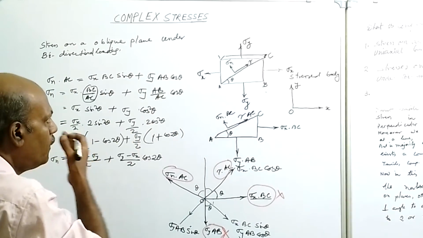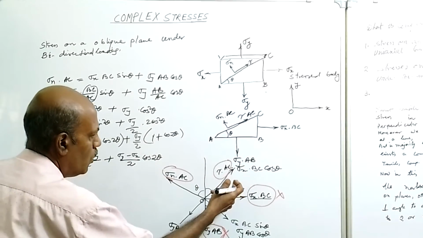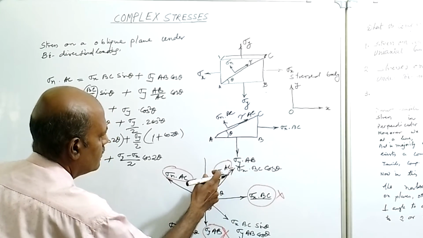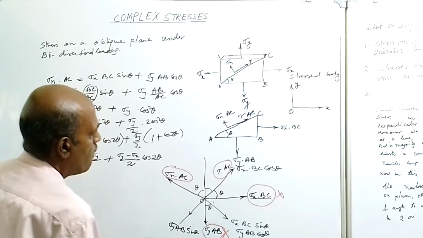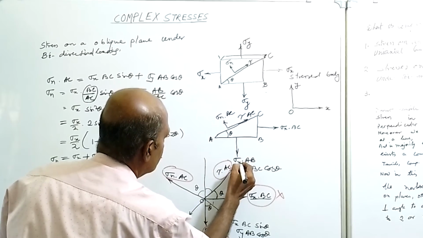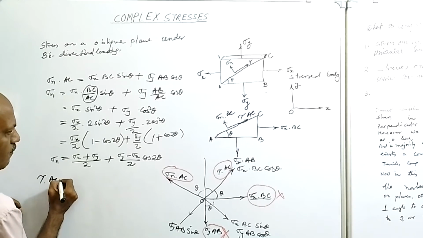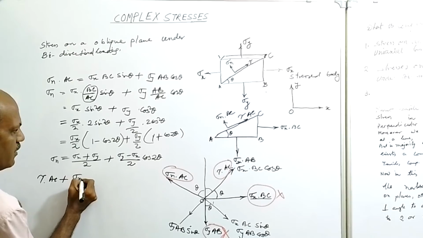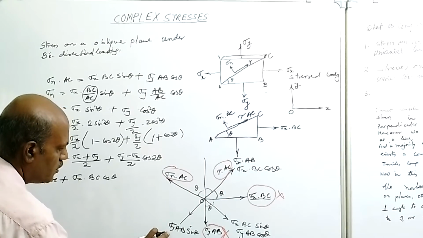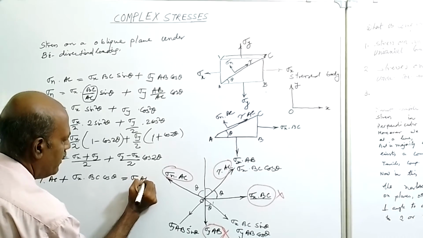Similarly, we will determine what is tau value. So to get tau, we will balance in this direction. Tau into AC plus sigma x into BC cos theta is equal to sigma y AB sin theta.